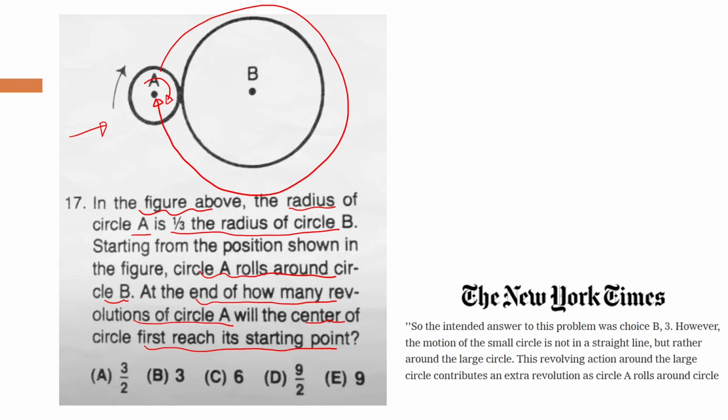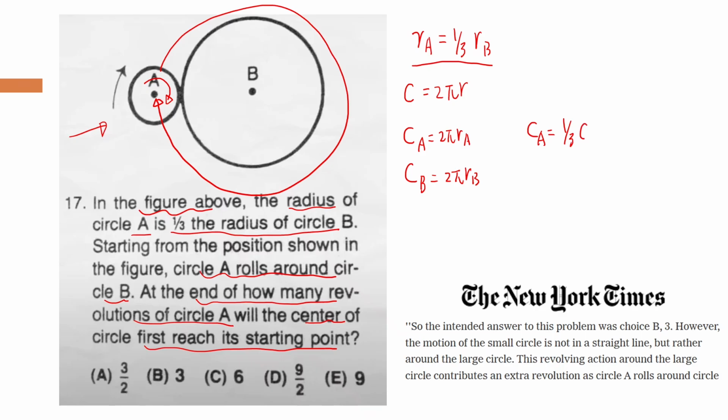So in the mind of the SAT test writer, they think the radius of circle A is 1/3 of the radius of circle B, and the circumference of a circle equals 2 pi r. So the circumference of A would be 2 pi RA, and the circumference of circle B equals 2 pi RB. And because RA is 1/3 of RB, CA is 1/3 of CB.